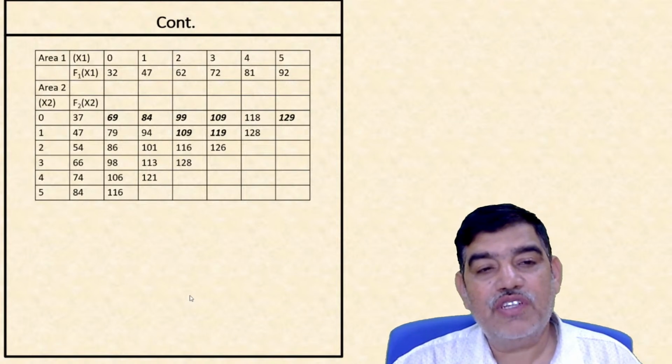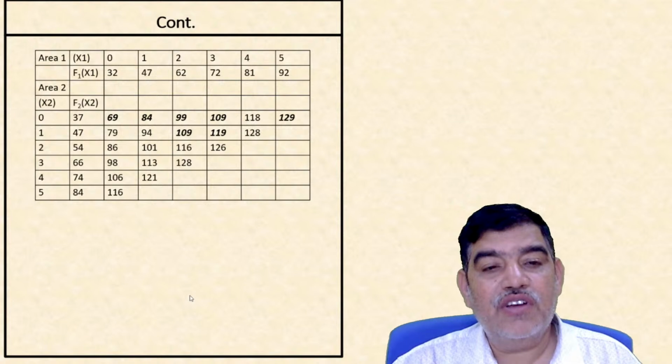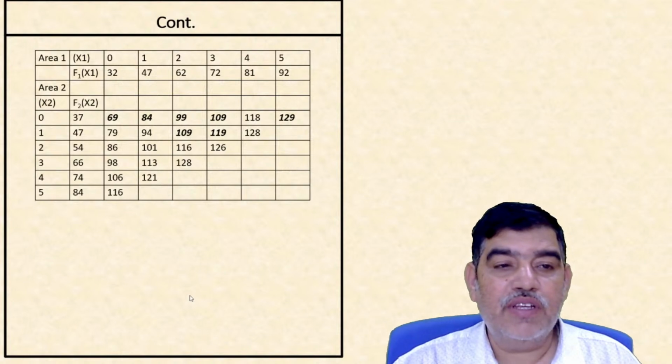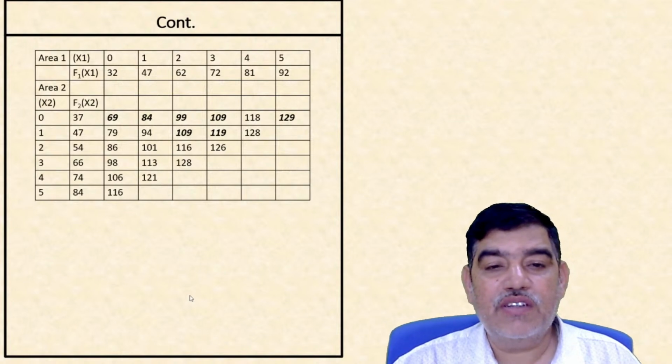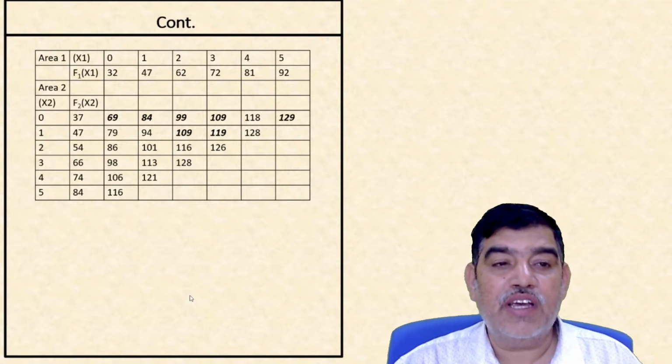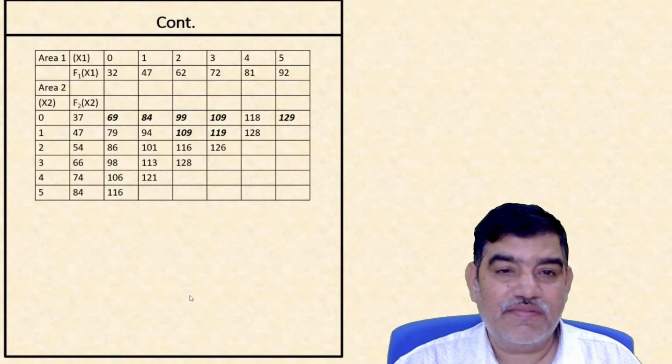In this way, if you proceed, 3 representatives in area 1 and 0 in area 2 is 109, and 4 representatives in area 1 and 0 in area 2 is 118, and 5 representatives working in area 1 and nil representatives in area 2, adding the profits 92 plus 37, that is 129.